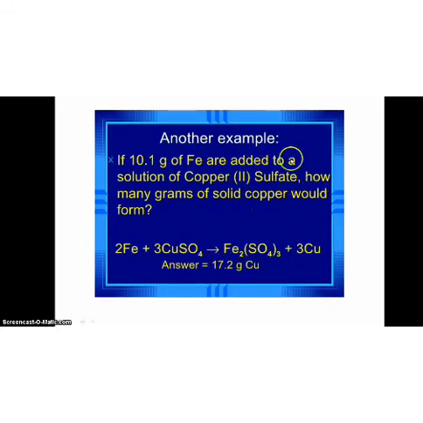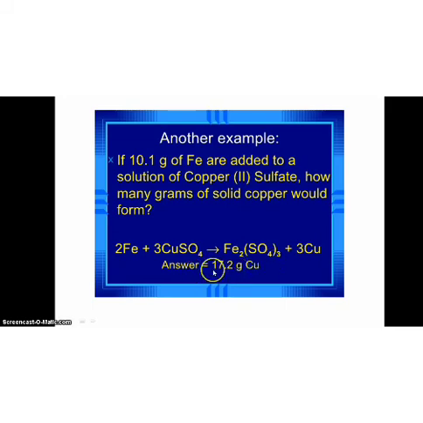Another example, if 10.1 gram of iron is added to a solution of copper sulfate, how many gram of solid copper is formed? The reaction is like this: Fe plus CuSO4 giving Fe2(SO4)3 plus 3Cu. So the amount of solid copper is what we have to find out.